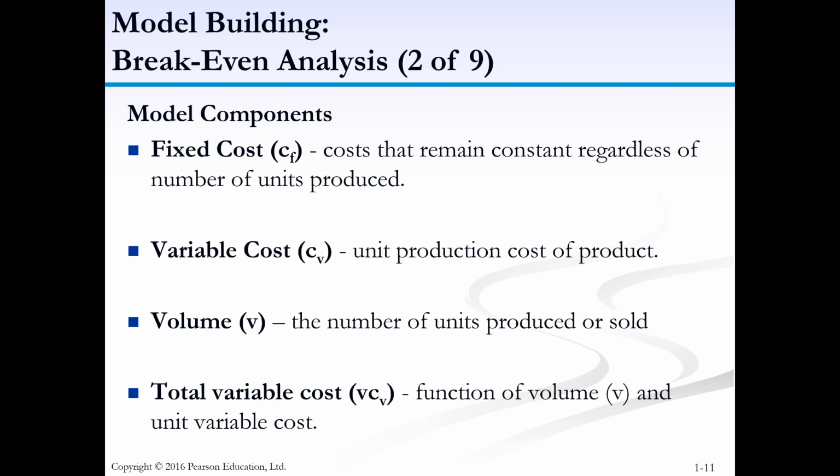The total variable cost is a function of volume and unit variable cost. So the number of units sold multiplied by the variable cost will give us the total variable cost.